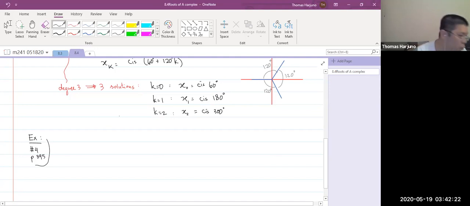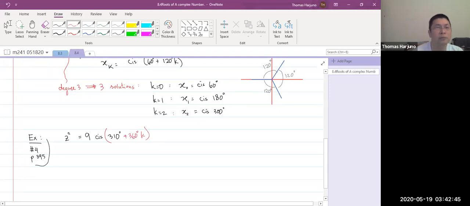So for number 4, we have 9 cis 310 degrees. Let's call this c squared, which I can rewrite as 310 plus 360 degrees k. So when I apply the square root here, I will divide the angle by 2.